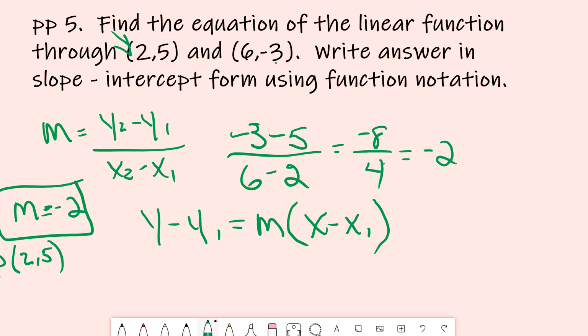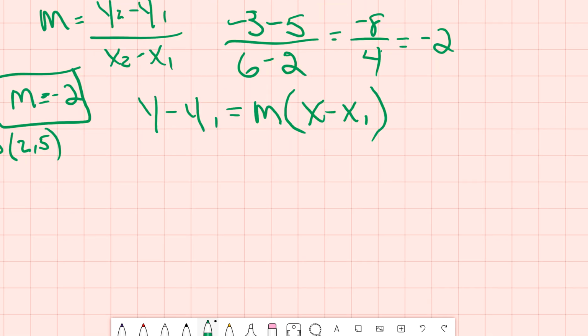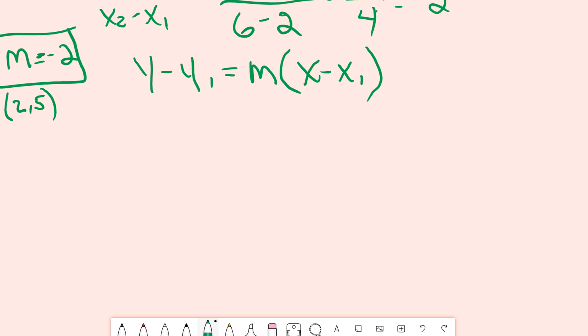And I'm going to use this information and fill in my point slope form equation. So what am I going to have? Y minus 5 equals m, which we said is negative 2, times x minus 2. And I will get my equation as needed.